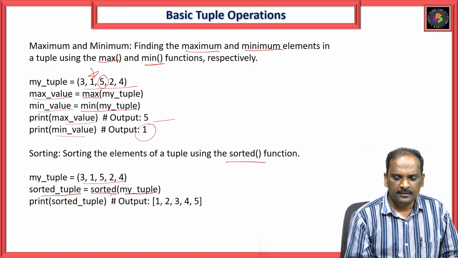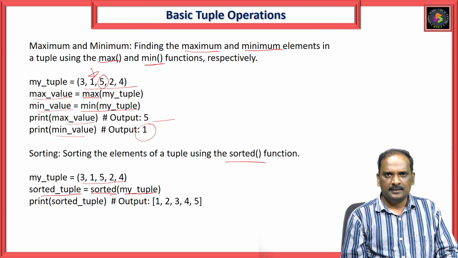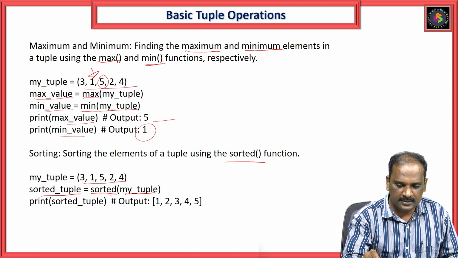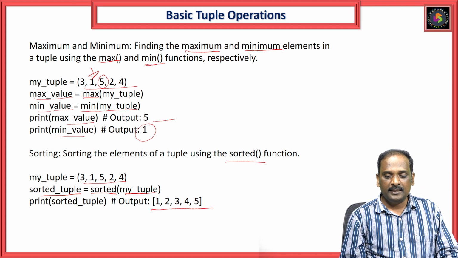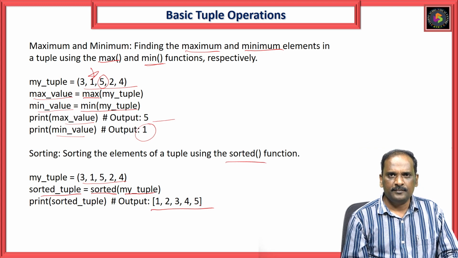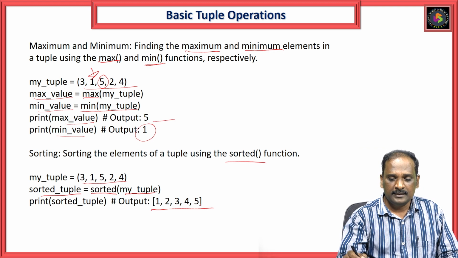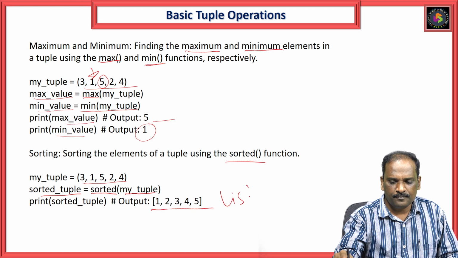When the sorted function returns the elements in the sorted order, that will be returned in the form of a list. Here you can observe that the elements are enclosed inside the square brackets. We already know that the elements enclosed inside square brackets are of list type.